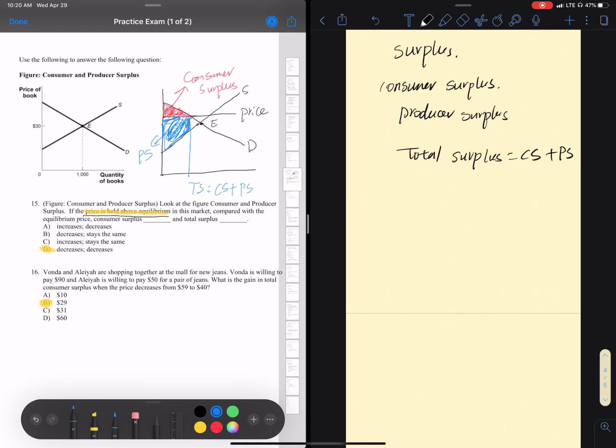Okay, then with the same thing, we can draw on the original. They ask you to compare with the equilibrium price, right? So this is your equilibrium price. And what about the consumer surplus here?